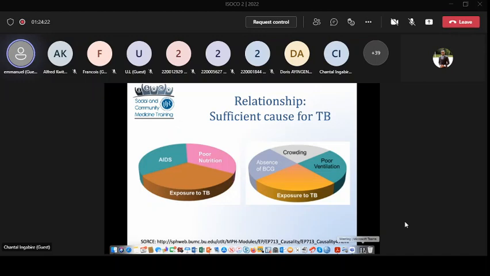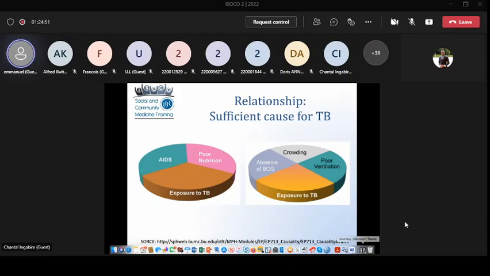According to that sufficient cause for outcome, you said that the exposure is different, but the outcome is the same. By referring to that example of TB, we have seen that someone can get TB due to having AIDS, exposure to TB, or poor nutrition.